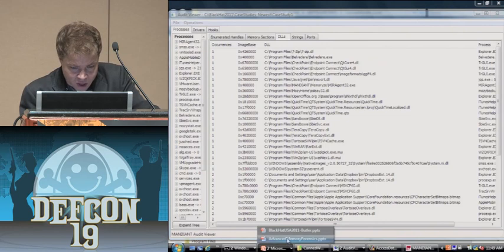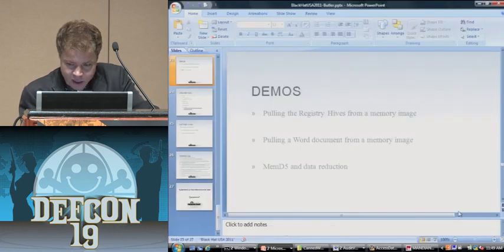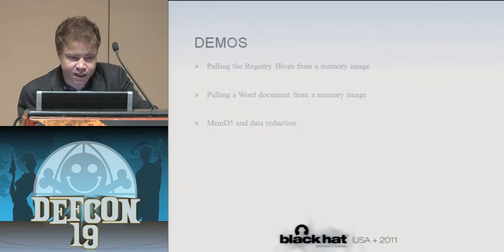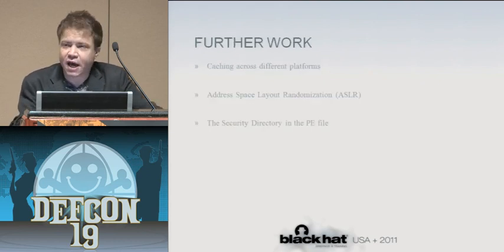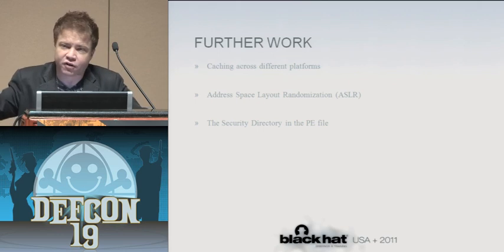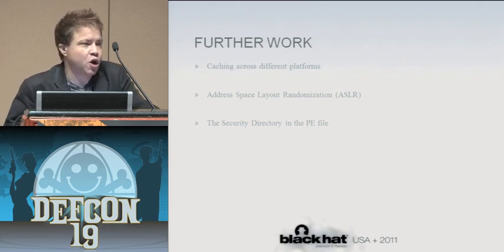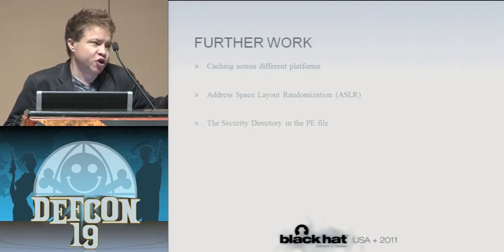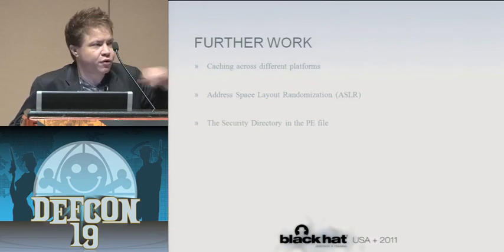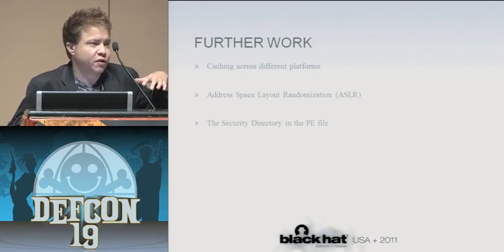There are a few caveats, places where we need to continue the work. The tool will be available in the coming weeks. You can check the blog. These slides will be on the web, and the white paper will be on Black Hat's site. One is dealing with ASLR, because it changes the address space a little bit when programs load. But we have all the data we need to reverse that, so we can fix it up, run the fixed-up data through our hash, and get the same hash values.